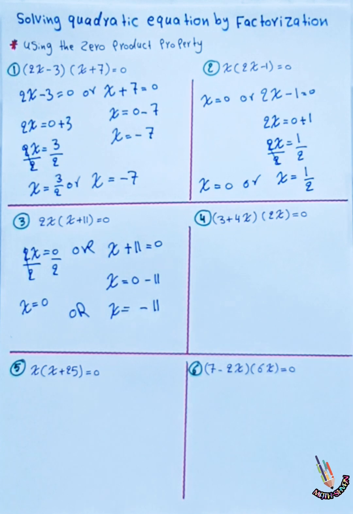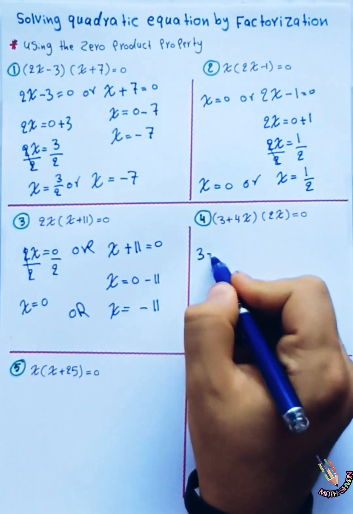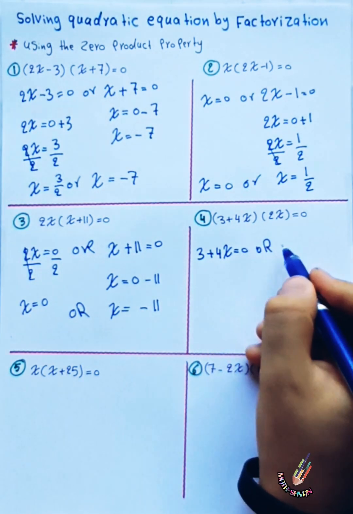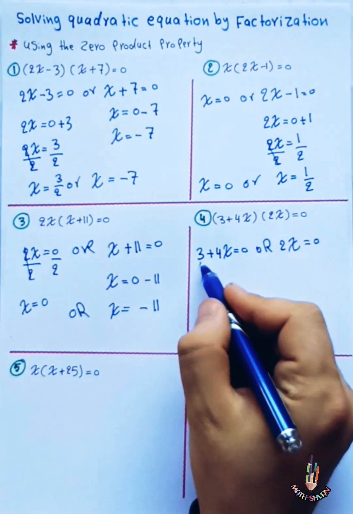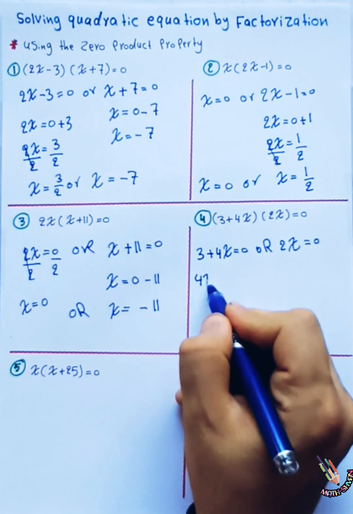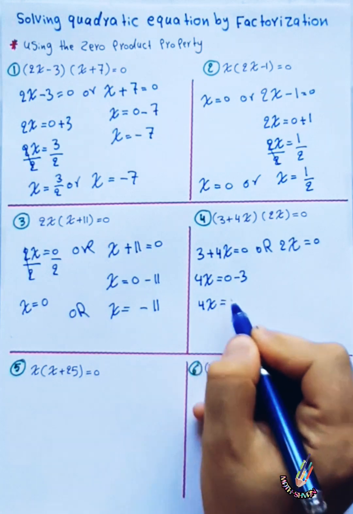Example number 4, we have (3 plus 4x) multiplied by 2x equal to 0. So the first equation, we have 3 plus 4x equal to 0, or 2x equal to 0. First, you have to change the place of positive 3 to the right side. 4x equal to 0 minus 3. So 4x equal to negative 3.